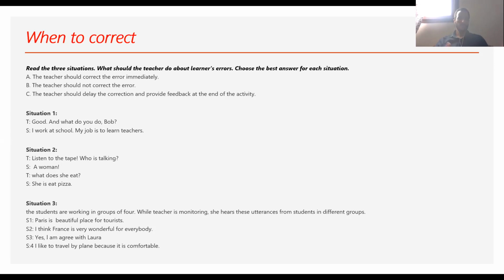Okay. Any other reflections you can say on situation number three? So for situation number one, the teacher should correct immediately. Why?